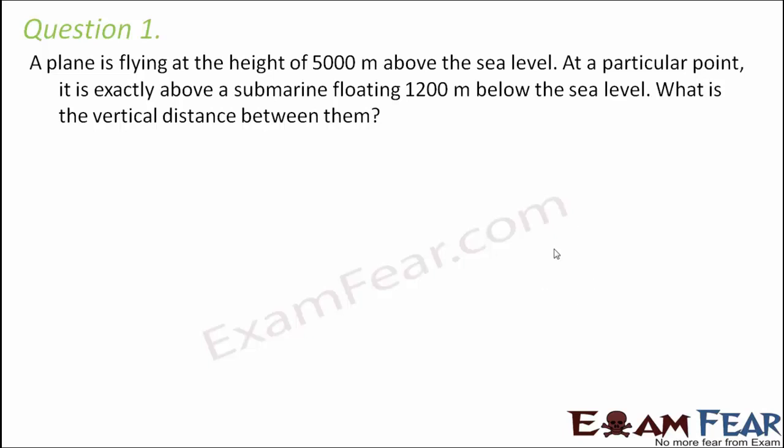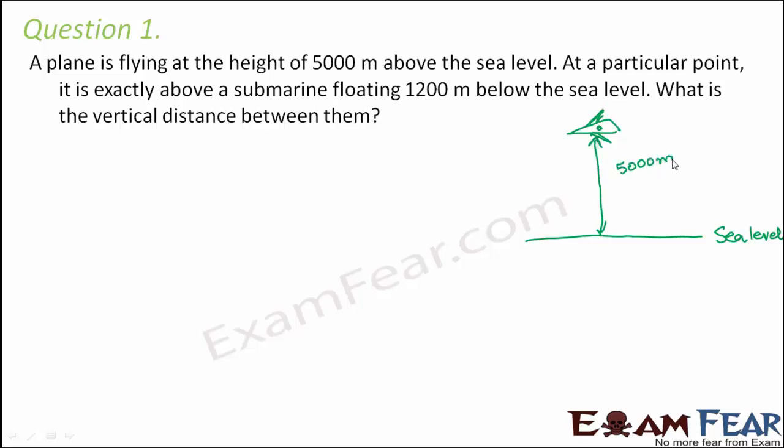So let us first try to draw the diagram so that we understand it better. We will first draw the sea level. Let's say that this line denotes the sea level. Now where is the plane? The aeroplane is somewhere here, at a height of 5,000 meters, so this height is 5,000 meters.